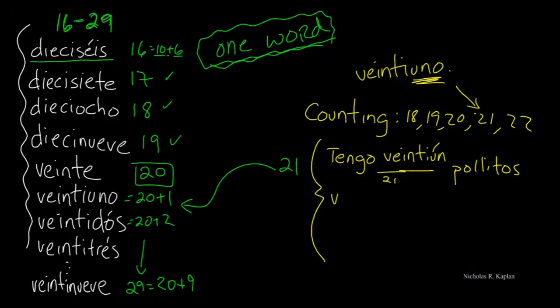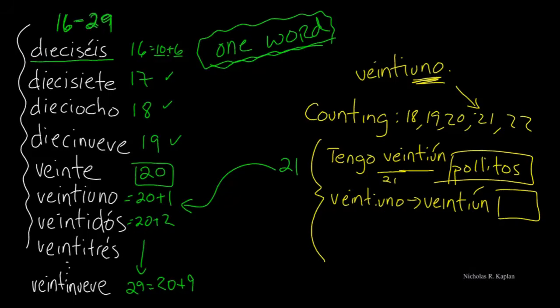So our 21 will change to a 21 with an accent before a masculine noun. But I'm looking for 21 hens. That uno that we have up here will change to an una.